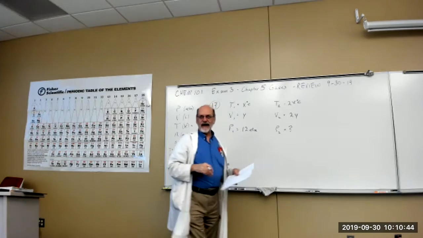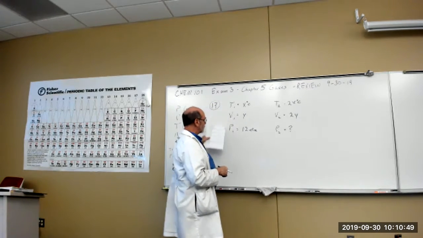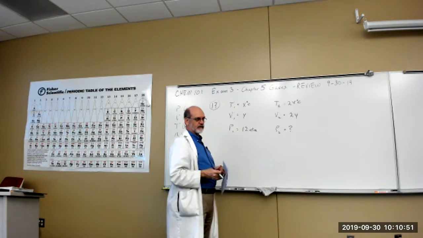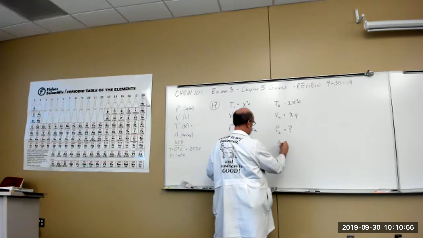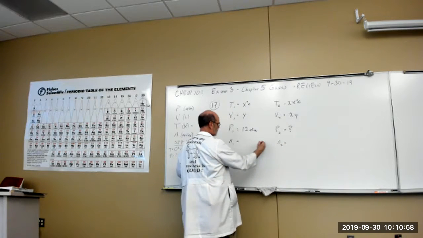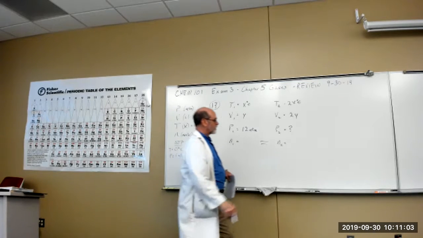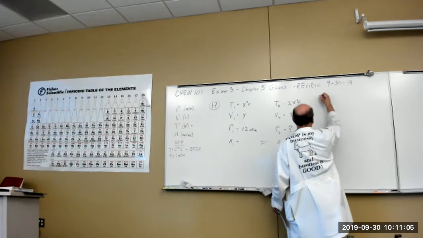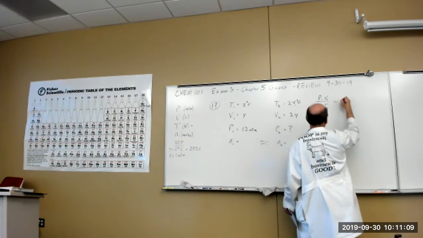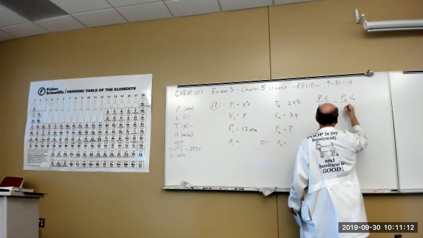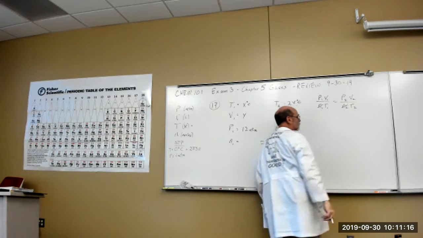So remember the combined gas law. Which one is constant? Those two are constant. Moles are constant. Right. So if we use the combined gas law, this one goes out. It doesn't change.